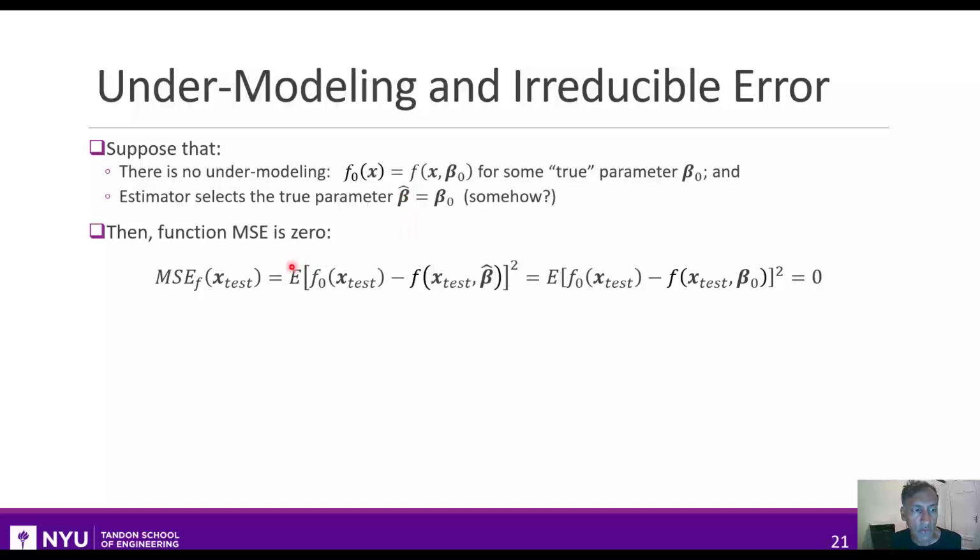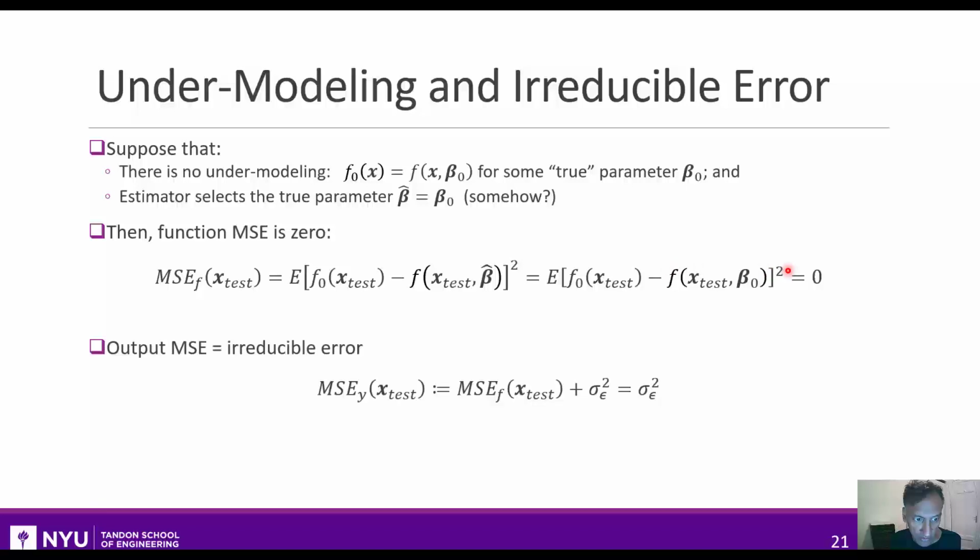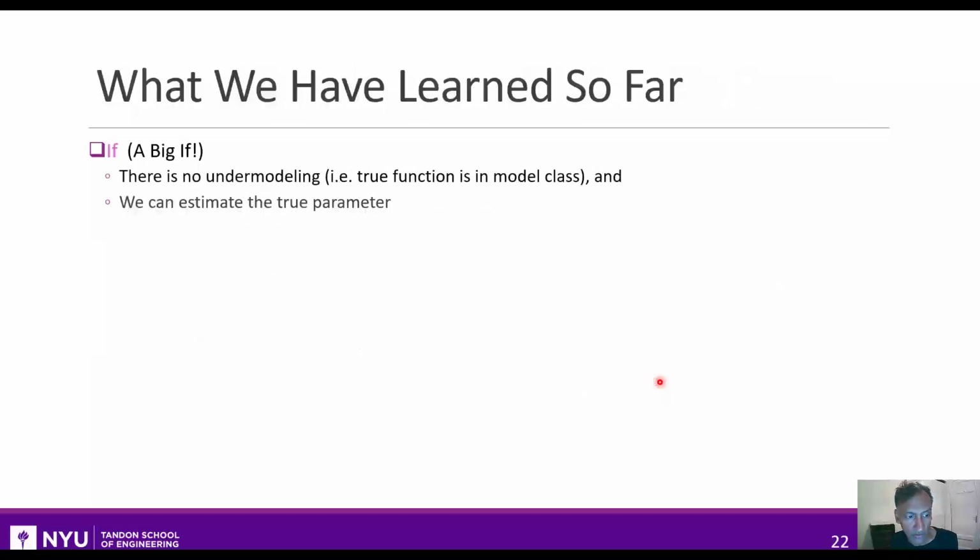First, if you look at the function MSE, it will just be f naught minus f, but this is zero because in this case, the true function matches the estimated function. The function MSE is 0. So that term, the output MSE, is gone, and we're left with the irreducible error, just sigma squared epsilon.